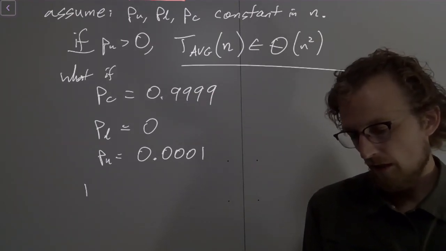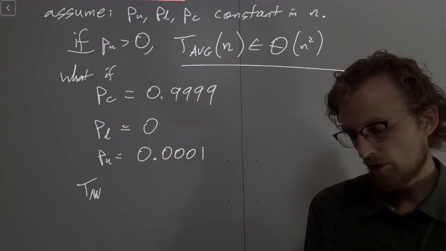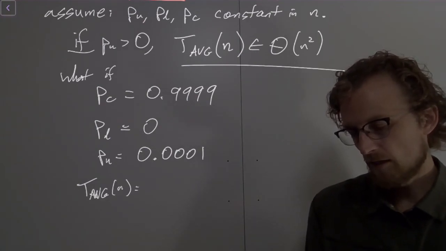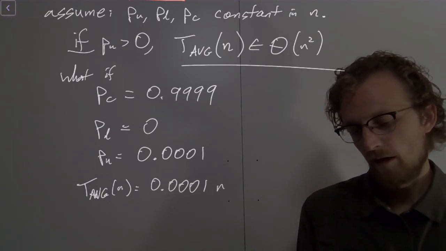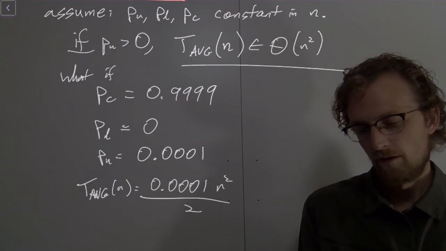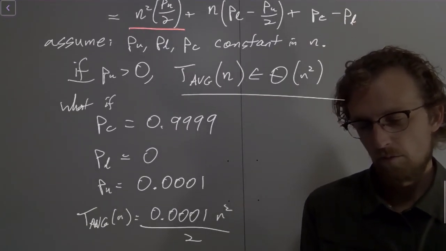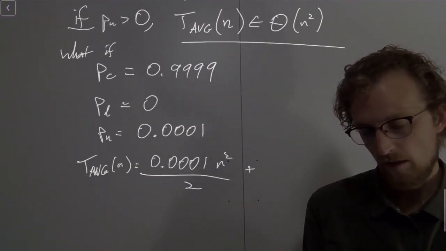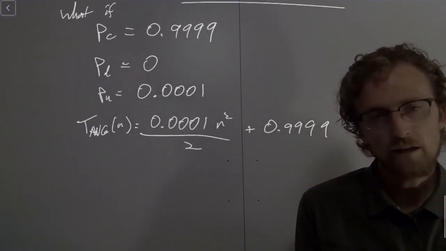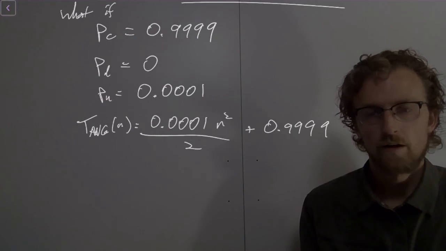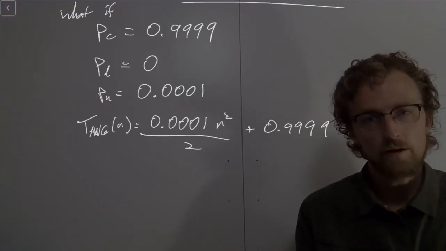Well, then the T average case of n is 0.0001 n squared divided by 2 plus just PC, 0.9999. And it'll take a large input to be able to see this n squared show up.